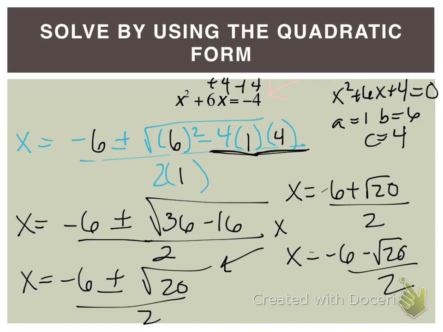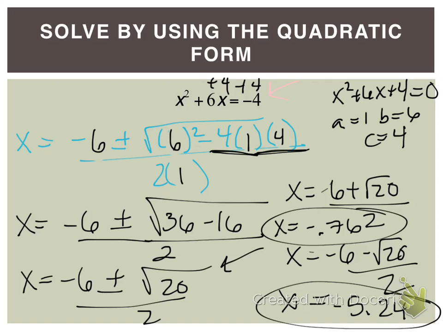So I'm going to have x equals negative 0.76, and this one, x equals, I'm going to take negative 6 minus the square root of 20, press enter, divide it by 2, and we'll get negative 5.24. So there are my two answers.